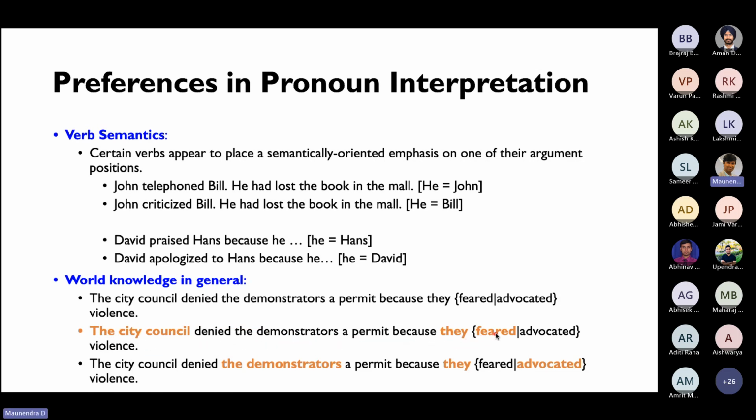Here, due to the nature of the word fear, they will refer to the city council. Again, this comes from word knowledge or semantic knowledge of the word feared. However, the city council denied the demonstrators a permit because they advocated violence. Now here they will refer to the demonstrators. Again, it is related to the verb and what kind of word knowledge we have regarding these actions.